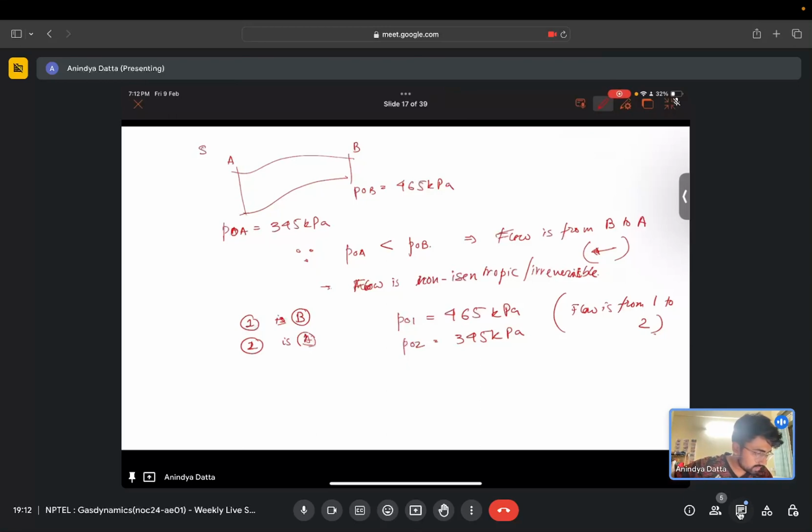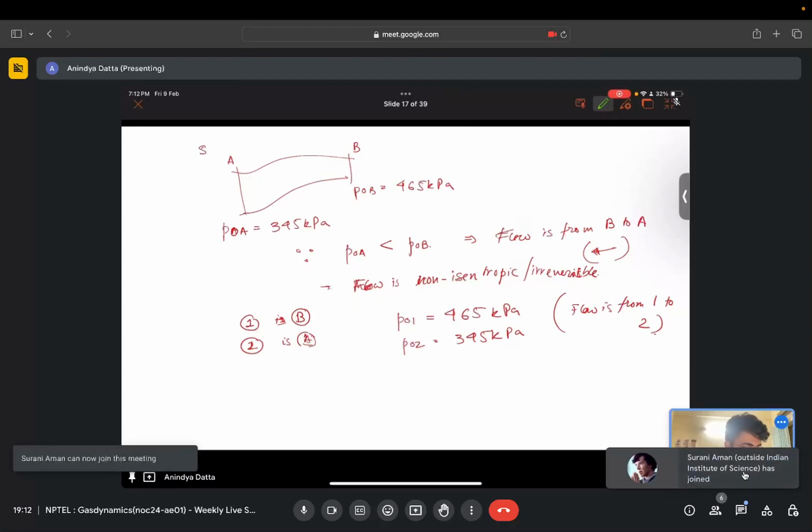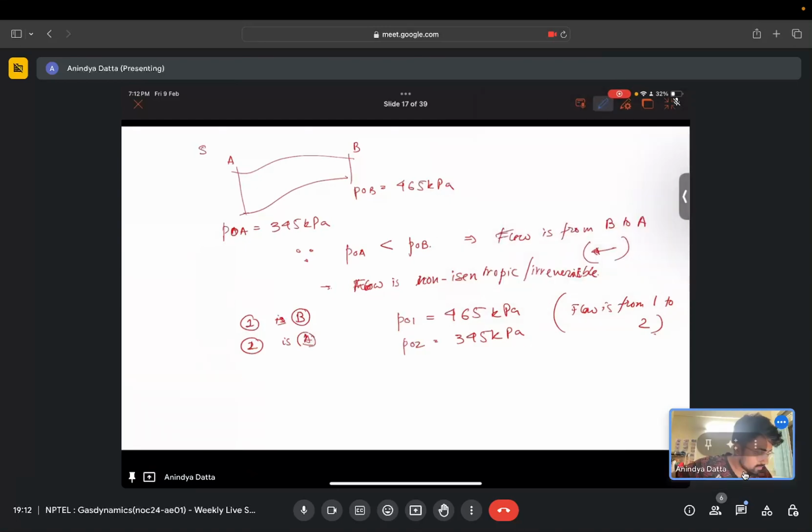Now, where was the formula? Yeah, if we look at this expression, my delta S, or S2 minus S1, is equal to SA minus SB, which is equal to minus R ln of P02 by P01, that is minus 287 ln of 345 by 465.